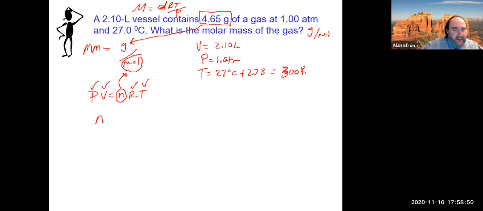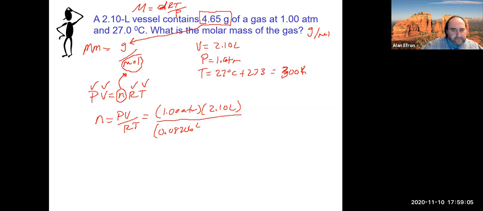So if we solve for n, it would be PV over RT. And if we put in our numbers here, 1 atmosphere, volume 2.1 liters, R, which is a constant, and our temperature converted to Kelvin. Again, everything's going to cancel out except for moles in terms of the units.